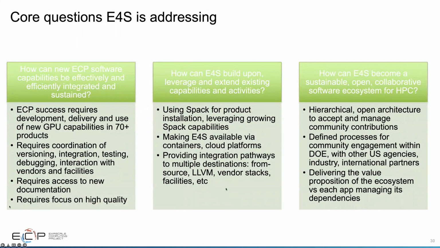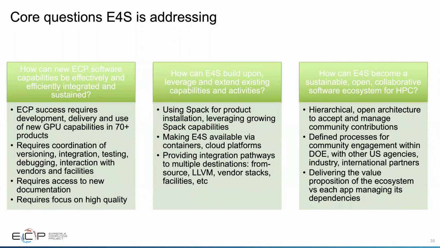So the questions that we are addressing are: how can new ECP software capabilities be effectively and efficiently integrated and sustained? We are looking at how E4S can build upon, leverage, and extend the existing capabilities and activities using Spack. How can E4S become a sustainable, open, and collaborative software ecosystem for HPC and AI/ML?